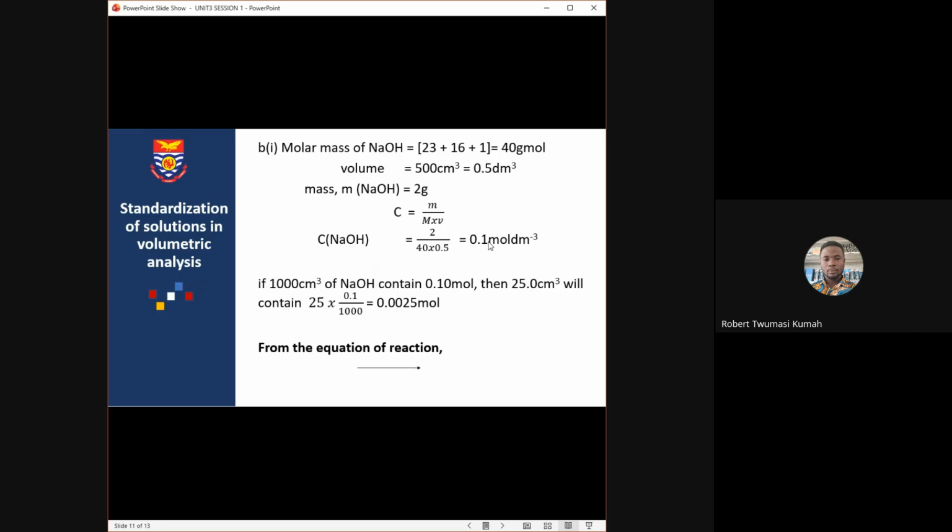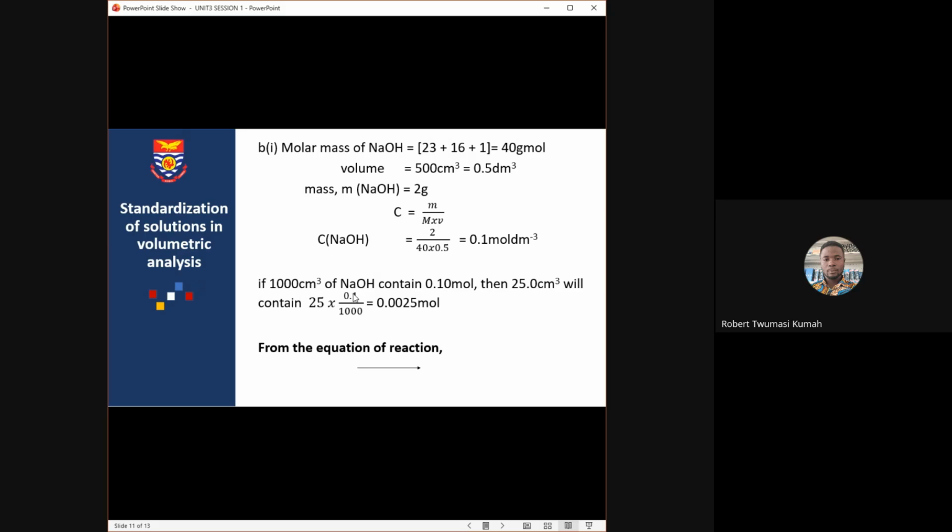So any portion that you fetch will only have some of the sodium hydroxide, but not all of it. So if the whole of the 1,000 contains 0.1, then that small volume that he pipetted, that 25, will contain how many moles? Okay, so if 1,000 equals 0.1, then 25 will be what?